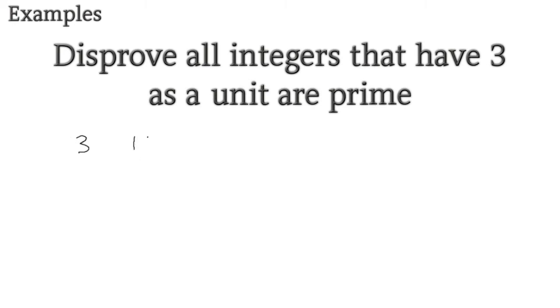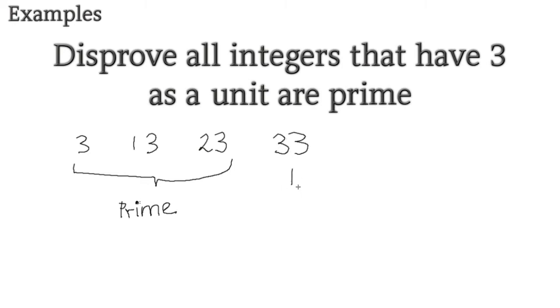Then we have 13, which is another with 3 as the unit digit, then 23, and note that they're all prime, which is all fine. But the next one, 33, is not. Because 33 is equal to 11 times 3, the statement is disproved.